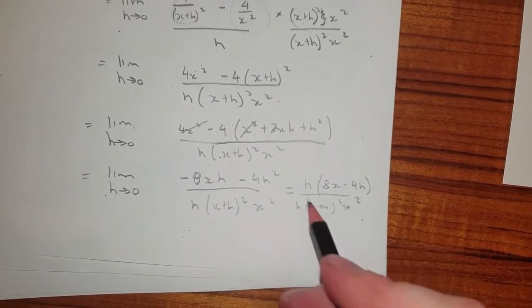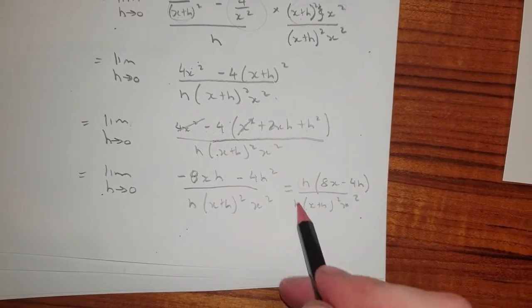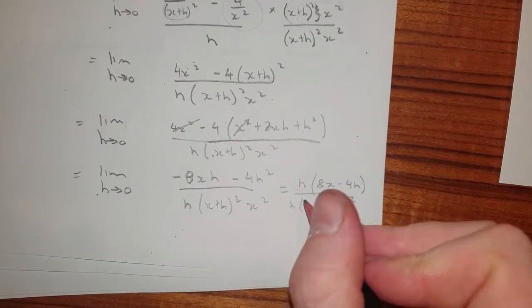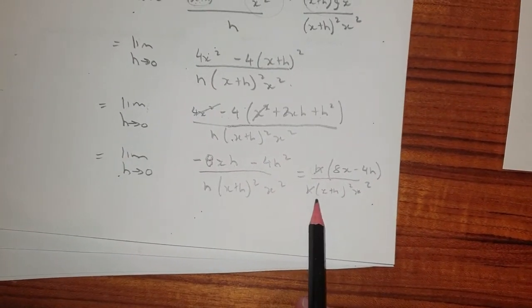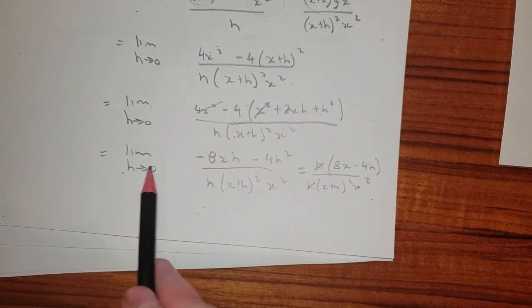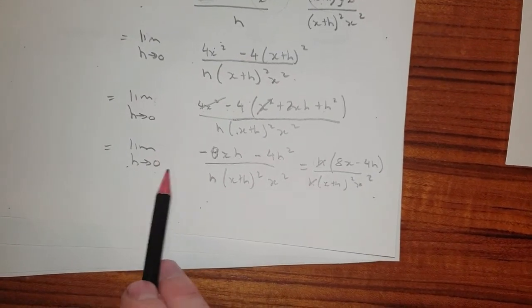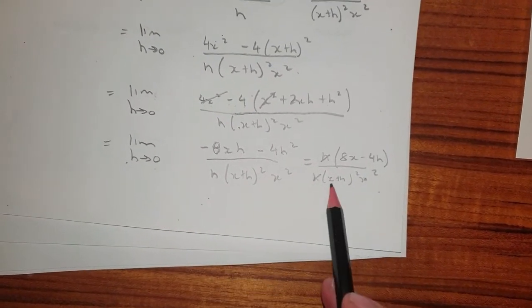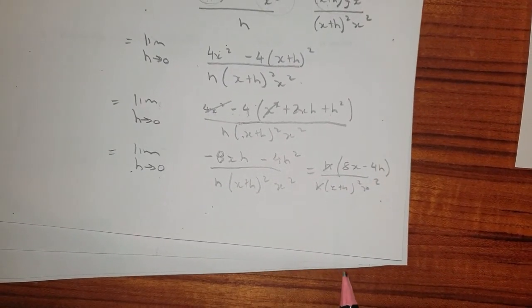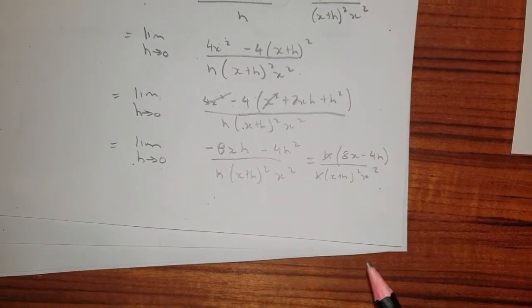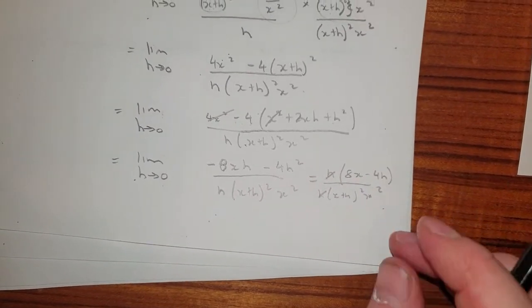Okay, you've got to have an h in all of the terms, which is why I've written it in factored form. So now I can cancel off the h, and now I'm in a good position because I don't have h on the bottom. As my limit of h tends to 0 happens, this is fine, it's legitimate, because I'm not ending up with a denominator of undefined nature.